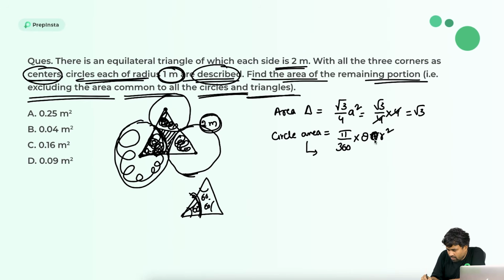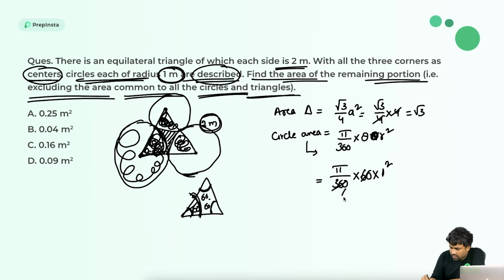Already I have written pi, so simply r square. Theta is nothing but the angle of the sector. So simply look here: 60 by 360 into r square, and the radius of the circle is 1. 1 square is 1 only.